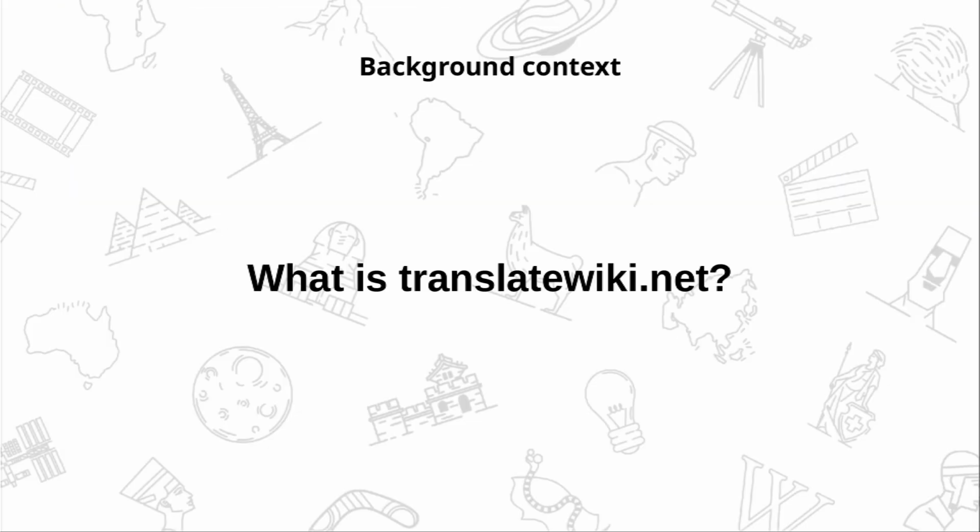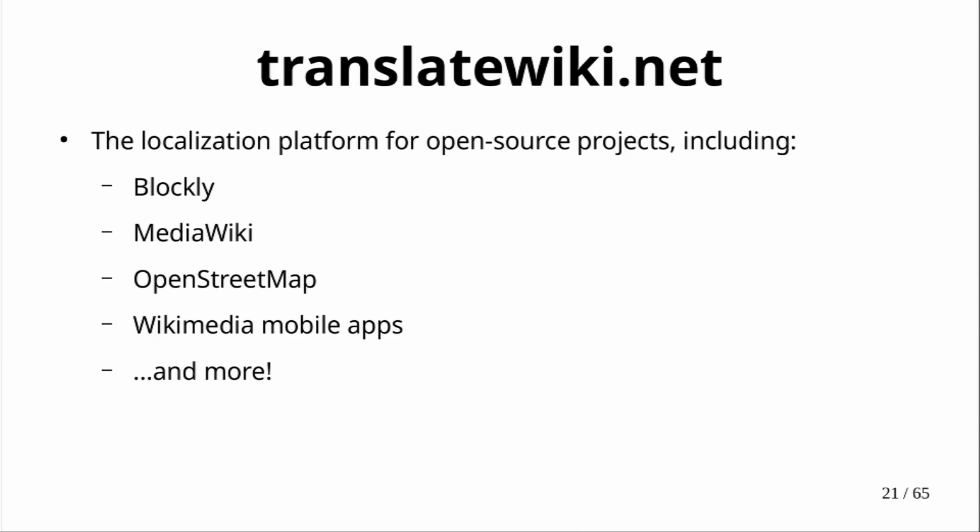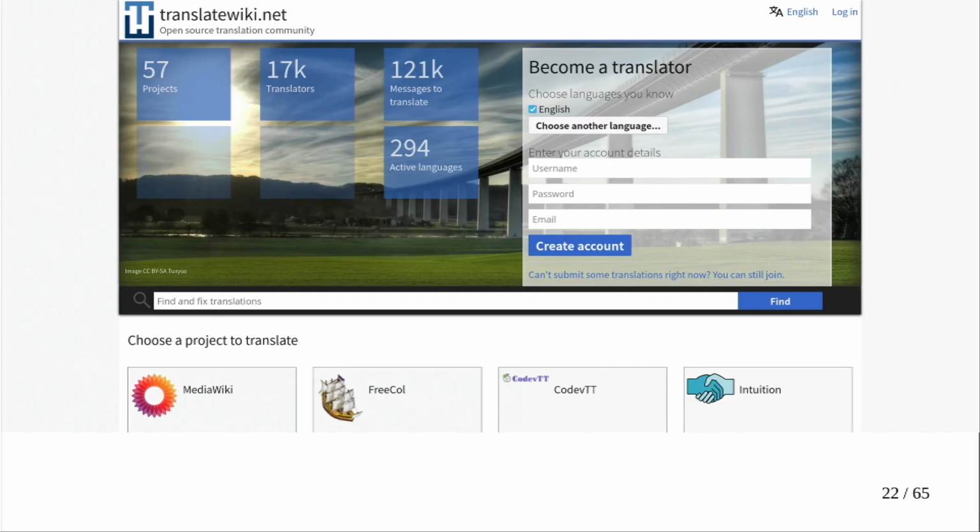And then what is TranslateWiki.net? TranslateWiki.net is the localization platform for open source projects, including Berkeley, MediaWiki, OpenStreetMap, Wikimedia mobile apps, and more. So this is the main page of TranslateWiki.net. You can see the register form right there on the main page, which is actually quite hard to find when you are not on the main page. This is the only location you can register right now on TranslateWiki.net.